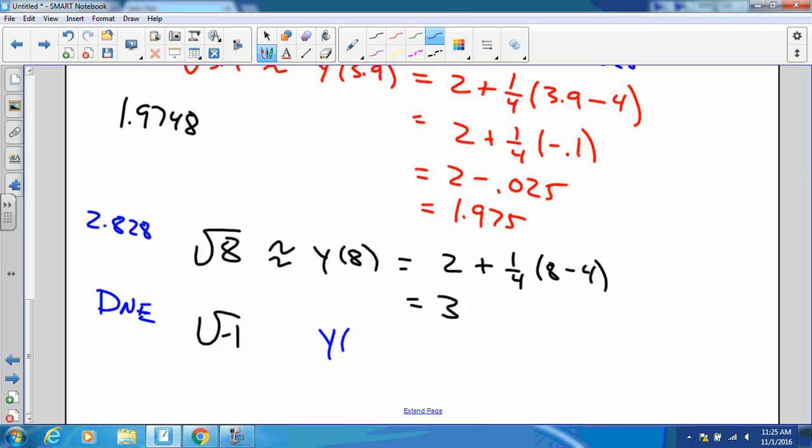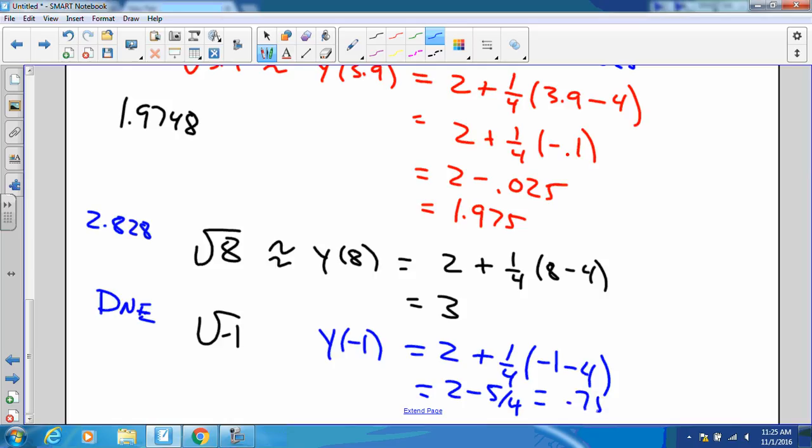Nevertheless, I can get an answer out of it as 0.75. Well, that's just a lie. This is just wrong. And it's wrong because negative 1 is very, very far away from x equals 4, and I'm getting spurious results right here.